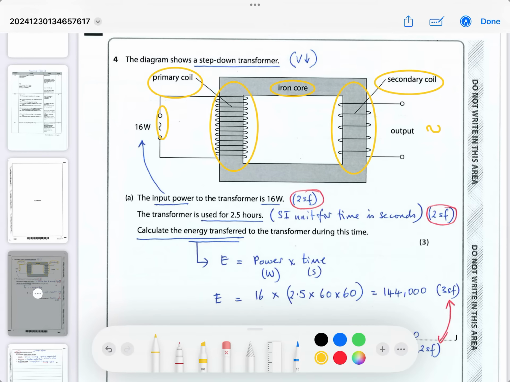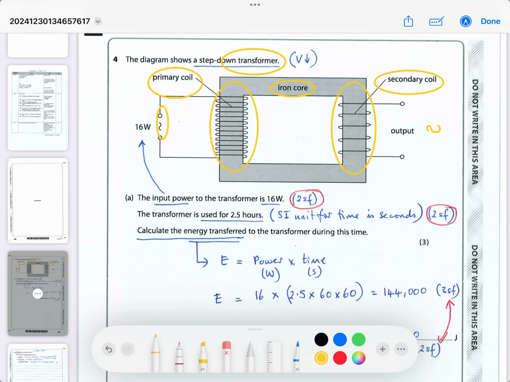When the current goes from positive to negative, the magnetic field will change direction. And the second coil detects that change in the magnetic field, because remember that electromagnetic induction, which is what a transformer uses. A transformer is basically an application of electromagnetic induction.